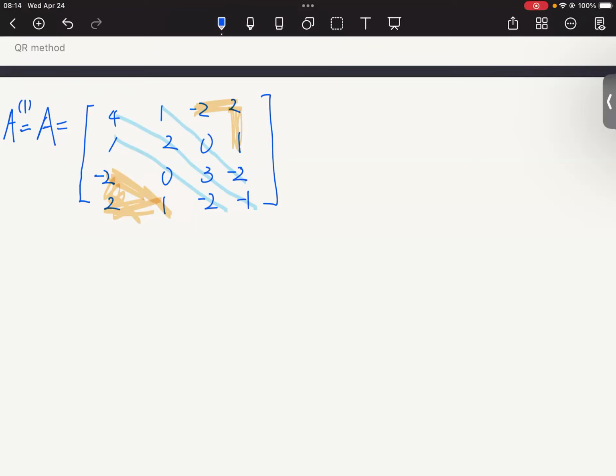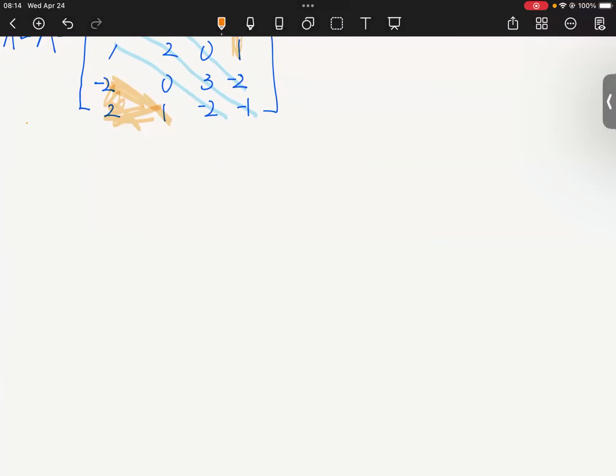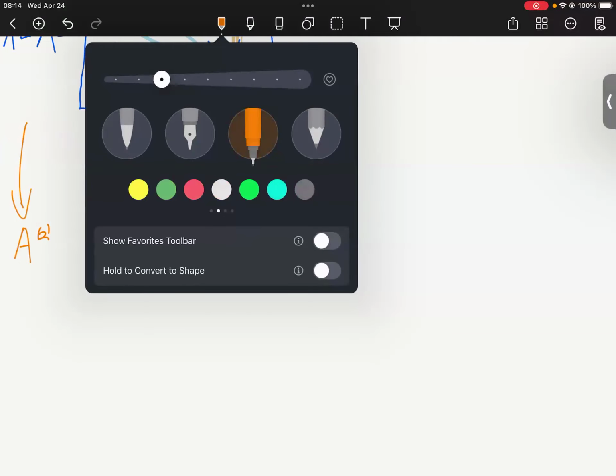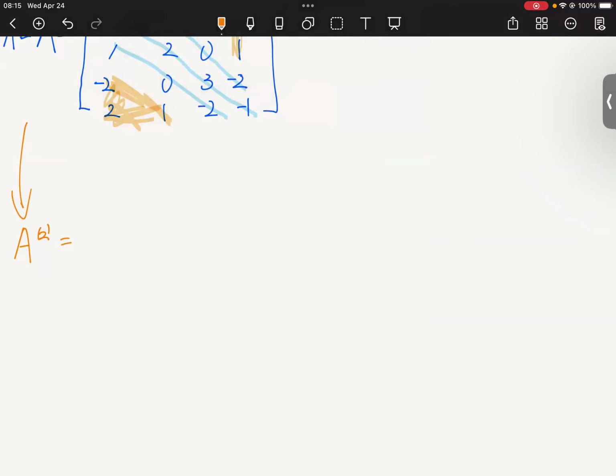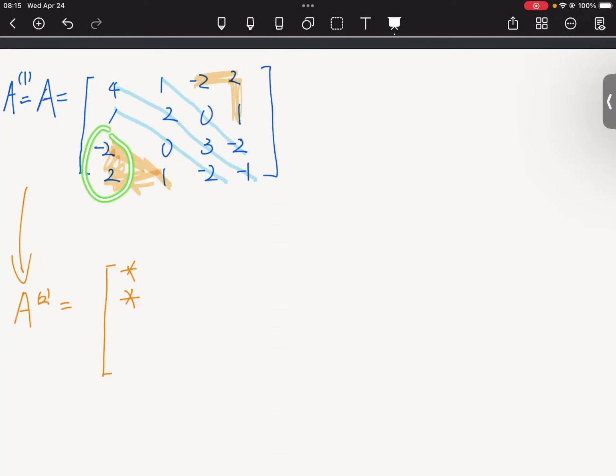And now what's the goal? We are going to transform these things into A2. This is an iteration process, and the iteration process gives us something that looks like this. What we want is the matrix. For the first iteration, we want to make the first column the desired tridiagonal format, which means that we want to get this to be 0, and then we want to get this to be 0.